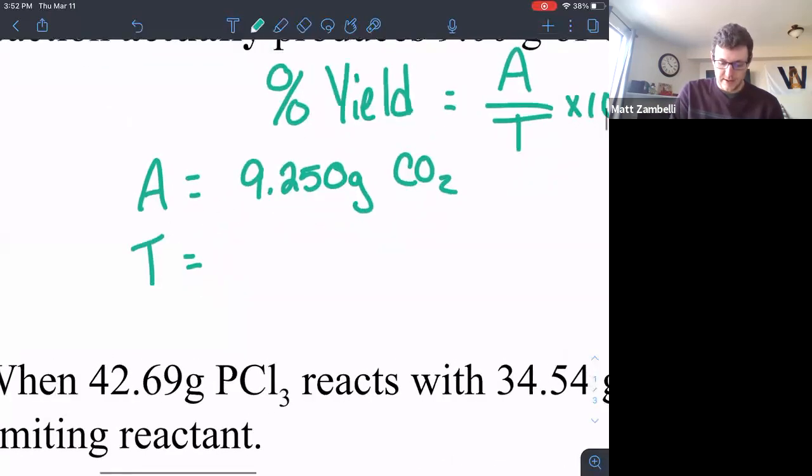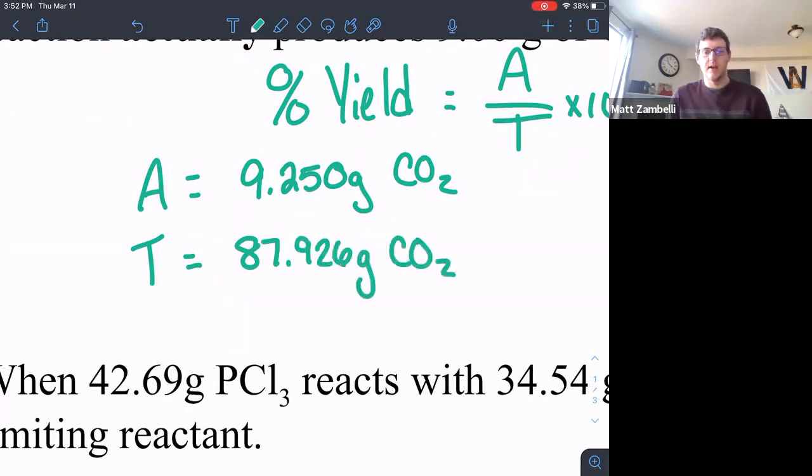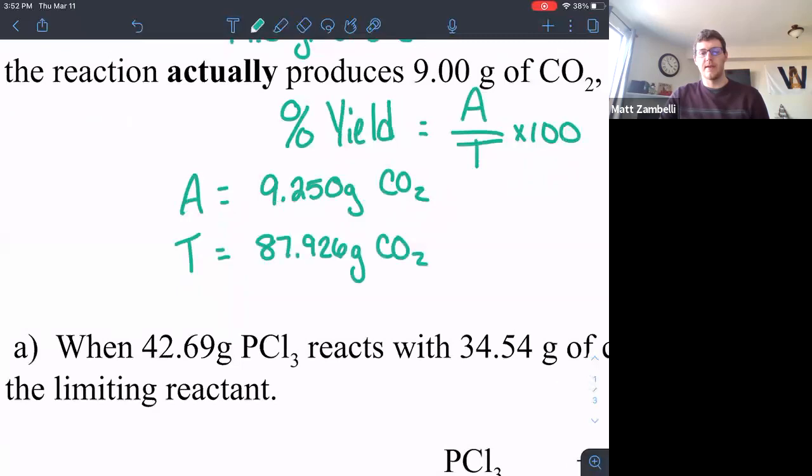All right, I heard 87.926 grams of CO2. How does everybody feel about those two numbers? Everybody agree? Everybody love them? Any qualms? Everybody's happy?